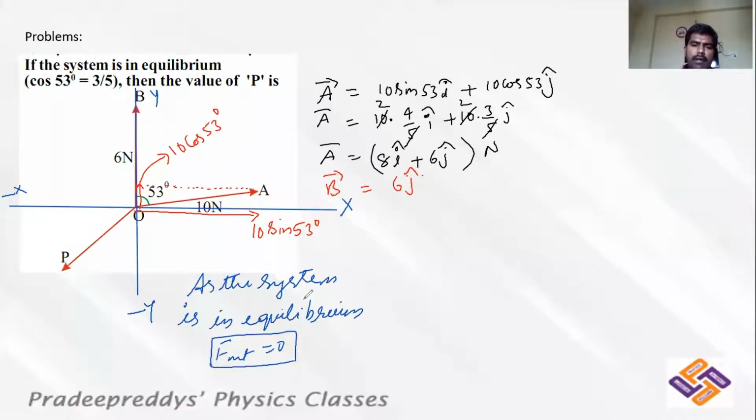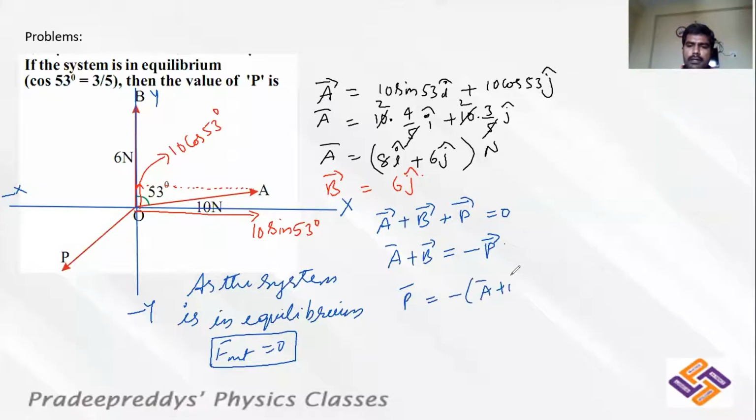So I'll write it as A bar plus B bar plus P bar is equal to 0, because there are only 3 forces acting in the system. Those 3 forces are A bar, B bar and P bar, and their sum should be equal to 0. Now I can write this as A bar plus B bar is equal to minus P bar. Then P bar is equal to minus of A bar plus B bar.